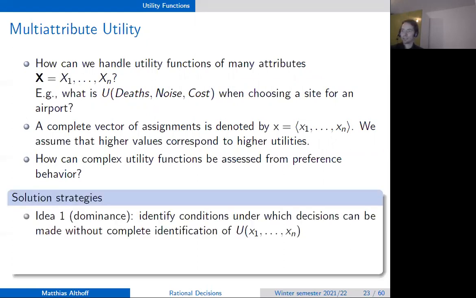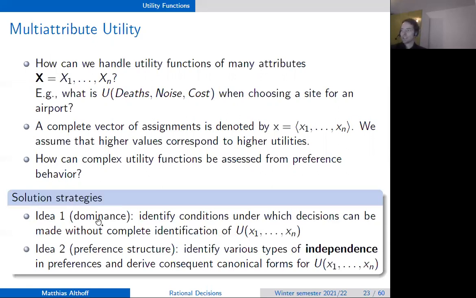Okay, so the first idea was this dominance idea. This is the easy case. However, this usually does not occur in practice. If it occurs, yeah, you're lucky and you can quickly solve the problem. And in most cases, you have to make use of this preference structure.